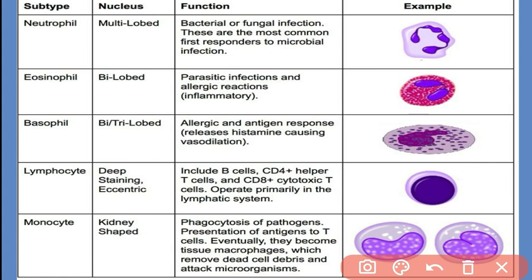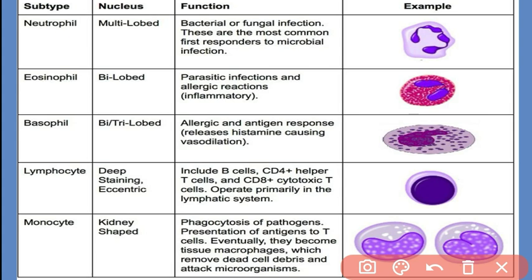Lymphocytes, after staining, appear deeply stained and include B cells, CD4 plus cells or helper cells, and CD8 plus cells or cytotoxic T cells, and operate primarily in the lymphatic system. And a monocyte, our question is on the monocyte.